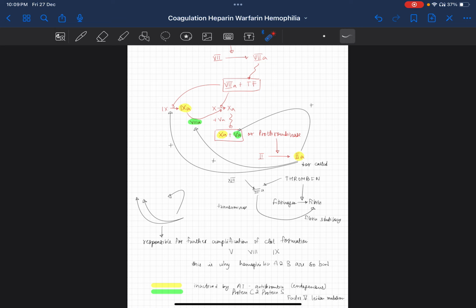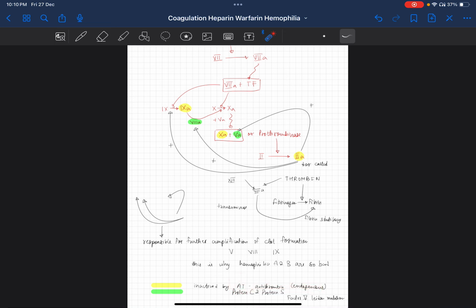If required, clotting will activate; simultaneously, anti-clotting will also activate. You will have a lot of things, plasminogen activator, tPA, this, that, all are there. But here we will talk about specific things only. So factor 2, factor 10, factor 9, once activated, after they are used, they will be cleaved by antithrombin.